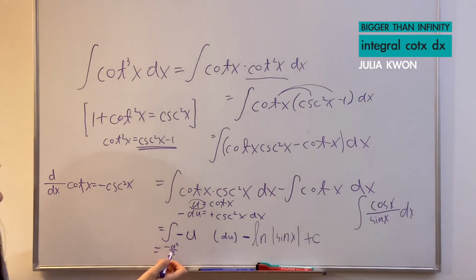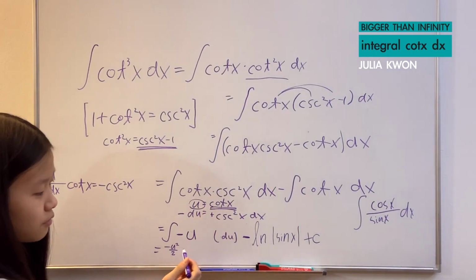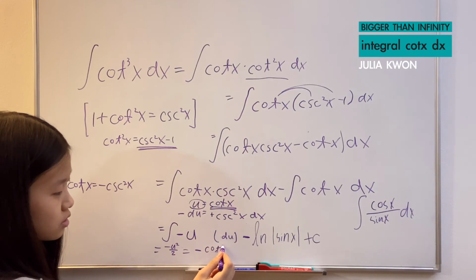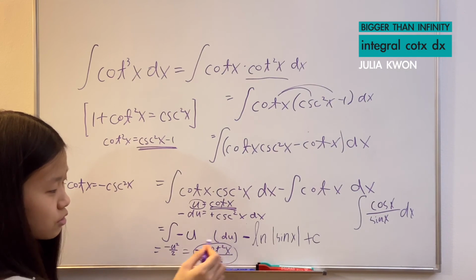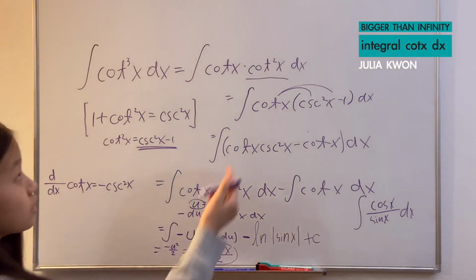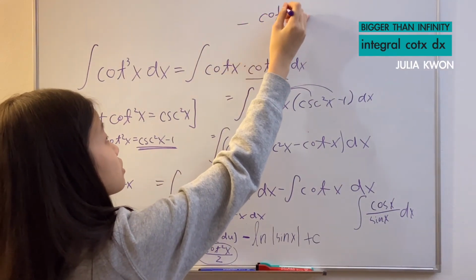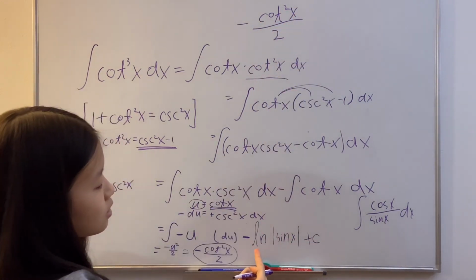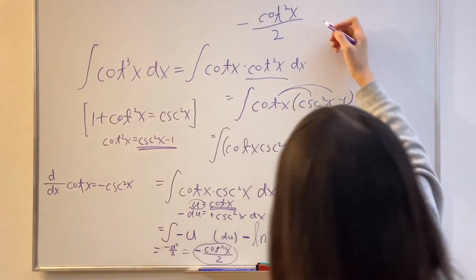And then we're going to substitute the u back, which is cotangent x. So that would give us negative cotangent squared x over 2. This would be the integral of negative u du. So I'll just write that clearly on the top here: negative cotangent squared x divided by 2, minus ln absolute value of sine x plus the constant.